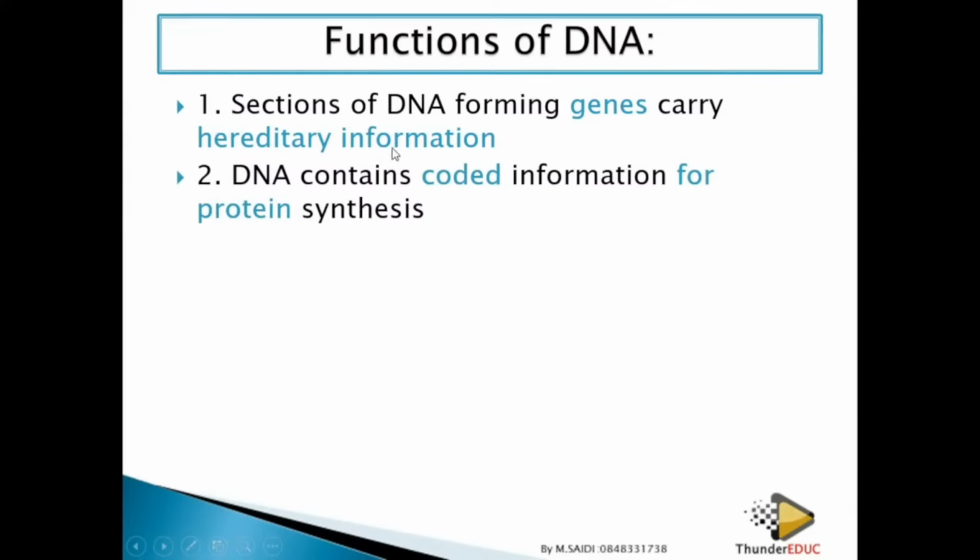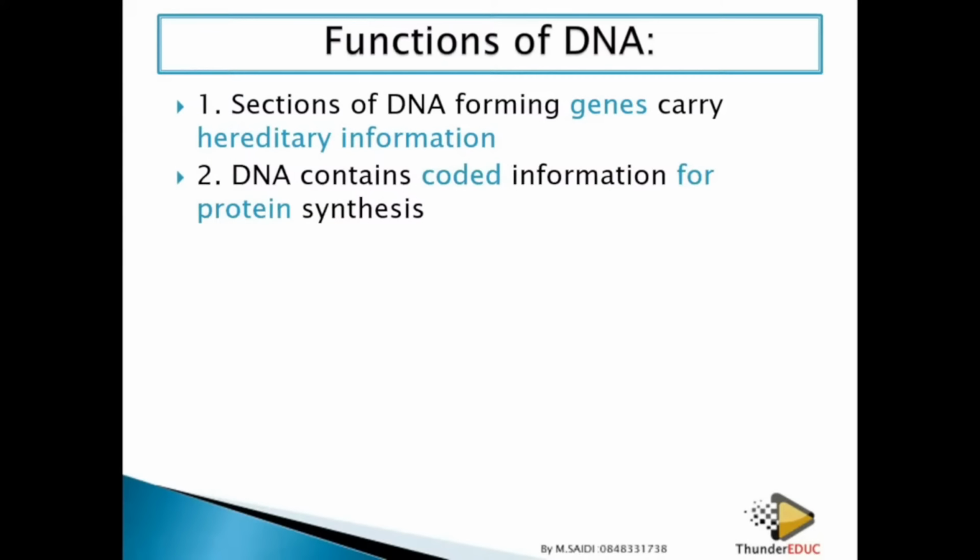All right, DNA consists of coded information for proteins. Number one, it carries inherited information. The way you resemble, you obtain it from your parents. Number two, it consists of coded information for protein synthesis. Our body is made up mostly of proteins. The biggest percentage is proteins. So hormones and enzymes, which bring about the normal functioning of our body, are made up of proteins. But it is DNA which codes for those proteins.